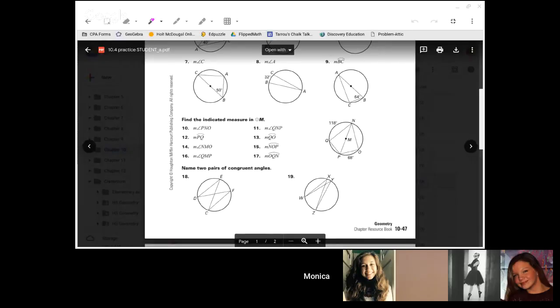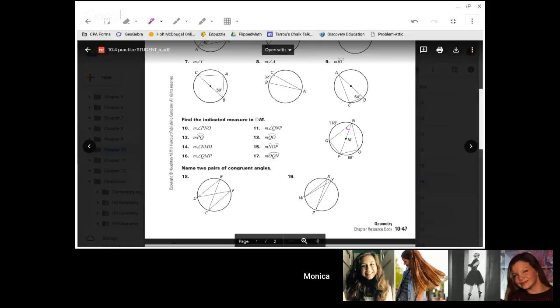Okay, so number 11 on the worksheet, Charlotte Ann, is you're supposed to find the angle of QNP. Okay, so that is this little angle here. Now, in order to do that, we have to kind of look at the diagram as a whole and see what we can come up with.